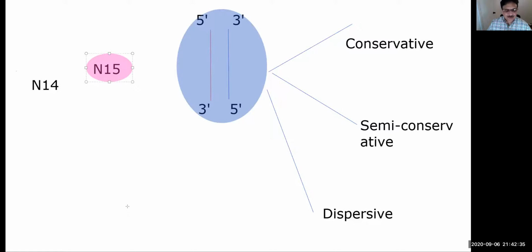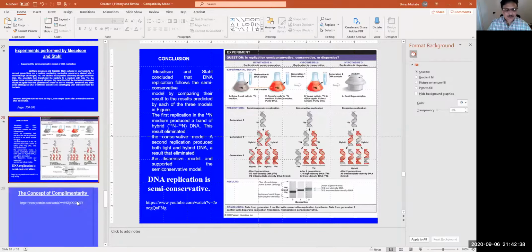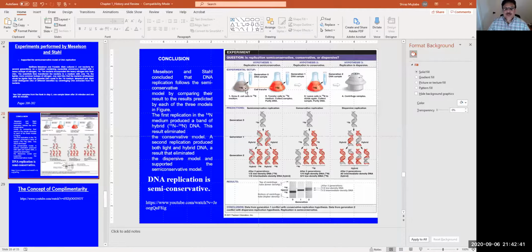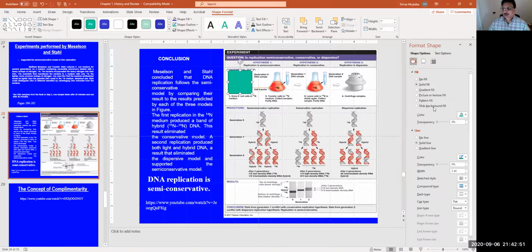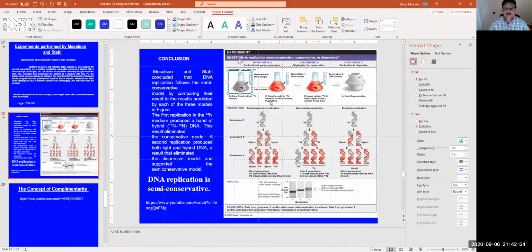So let's go to the slide. What did scientists do? Let's start from the top. Bacteria like nutrition, and the medium they like most is LB medium, or a scientifically synthesized nutrition medium in which bacteria can grow.